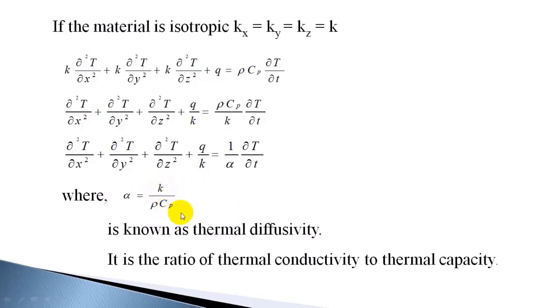So alpha is thermal diffusivity, which is k by rho Cp. K is thermal conductivity and rho Cp is thermal capacity. Good thermal conductivity always permits heat to flow easily through a material. And rho Cp is the thermal capacity. If there is a higher value of thermal capacity, it will store heat without raising the temperature.